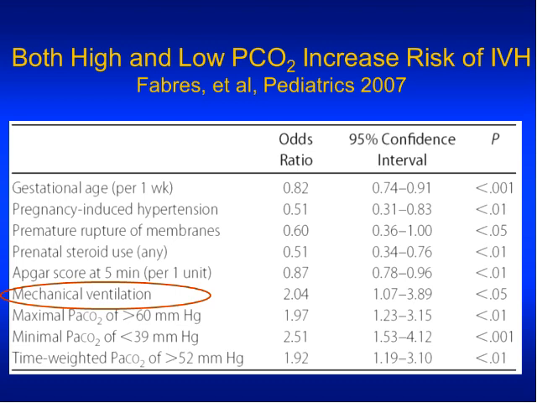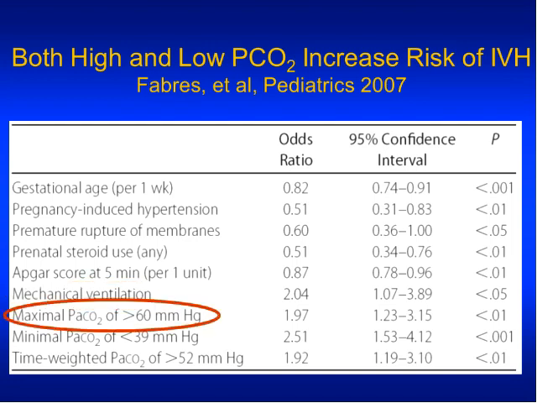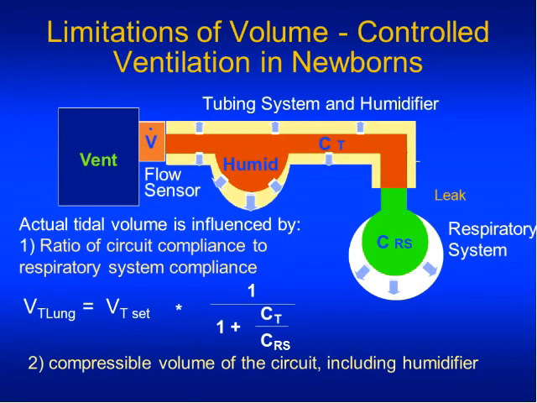Having a very high CO2 in the first few days of life was not good, doubled the risk. Having a low CO2, and it didn't have to be very low. We all knew that even moderately low CO2s can be dangerous, but even in this case, it seemed that even modest lowering of the CO2 resulted in a significant increase in the risk. So these are all good arguments for trying to get a grip on delivered tidal volume.